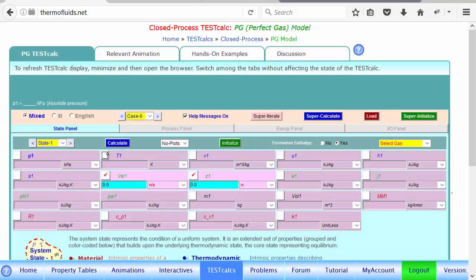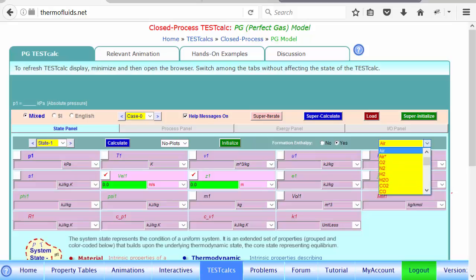If you click, you cannot turn it on. So you have to go and select, let's say, air. Now the difference between air and air star is that sometimes there's no difference really. The reference values are different. It will change your enthalpy and your internal energy, but in all problems you will notice we need to find the difference. So the difference will be the same no matter what you select here.